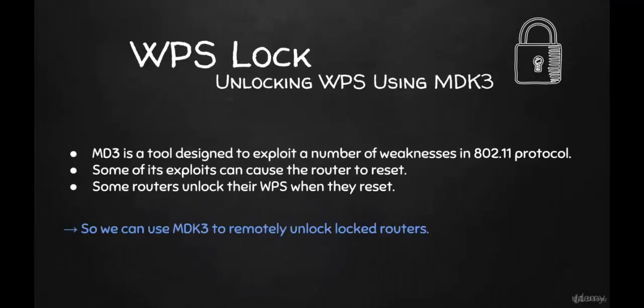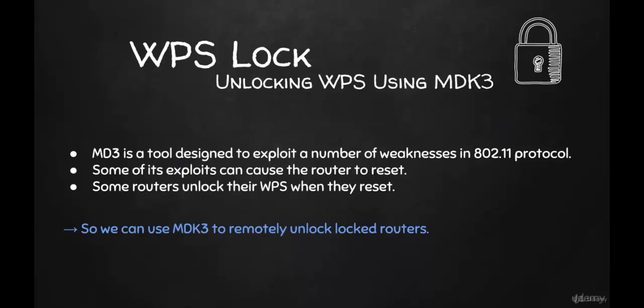So in this lecture we're going to use a tool called MDK3 and we're going to use it to run a DDoS attack, a denial of service attack basically, on the target network. And in some routers, this attack will just flood the router and cause it to reset automatically. And when it resets, it will get unlocked as well.